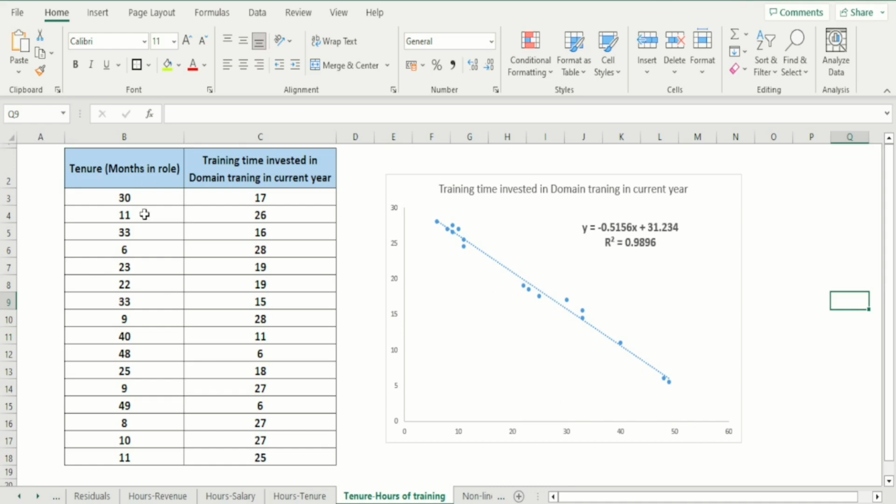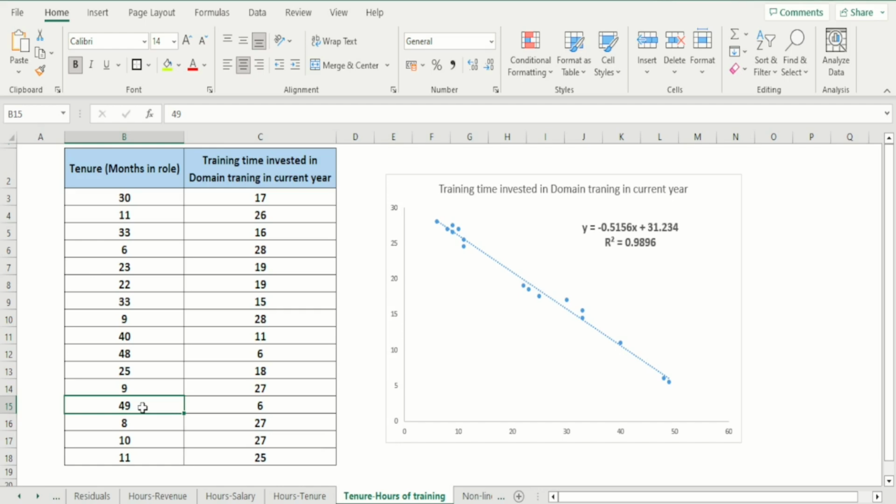If you look at this, our range in terms of tenure of months goes all the way from 6 months till the maximum, which is 49 months. So this model will work for us as long as our X, or our tenure in months in role, lies between 6 months and 49 months.